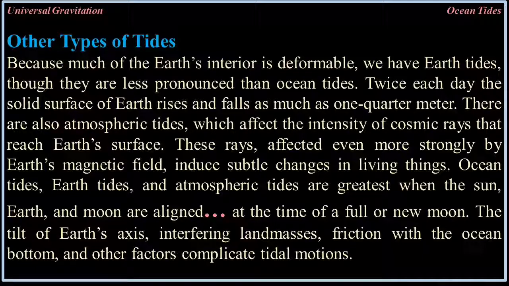These rays, affected even more strongly by Earth's magnetic field, induce subtle changes in living things. Ocean tides, Earth tides, and atmospheric tides are greatest when the sun, Earth, and moon are aligned, at the time of a full or new moon. The tilt of the Earth's axis, interfering land masses, friction with the ocean bottom, and other factors complicate tidal motions.